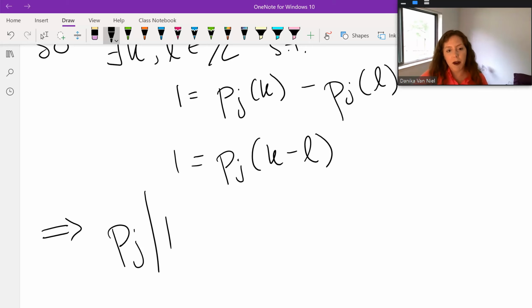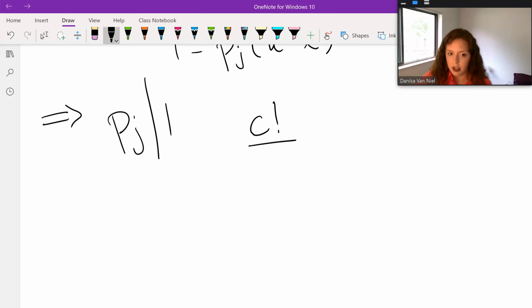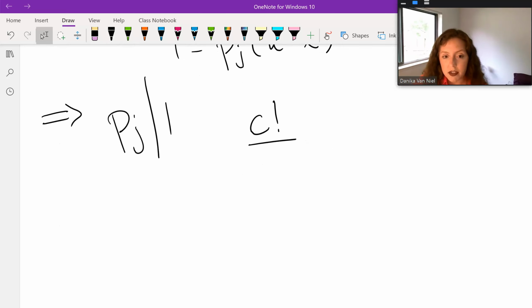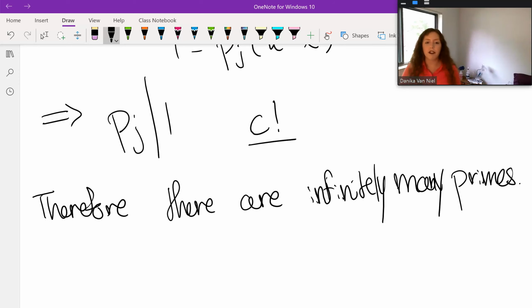Pj is a prime number. Contradiction. So it's not possible because a prime number can't divide 1. Only 1 or -1 divides 1, and neither of those are prime numbers. So, not possible. Therefore, there are infinitely many primes.